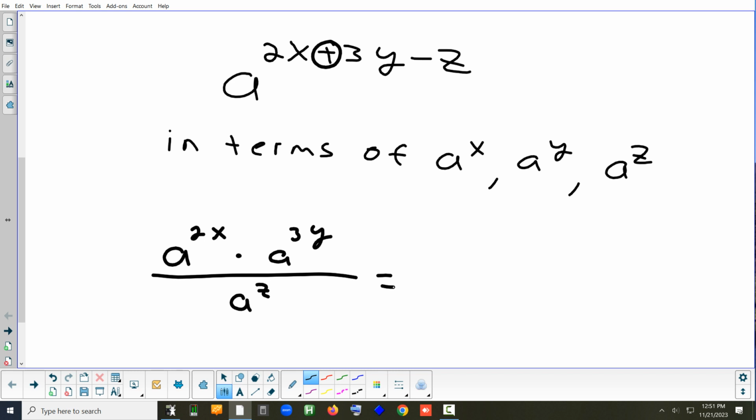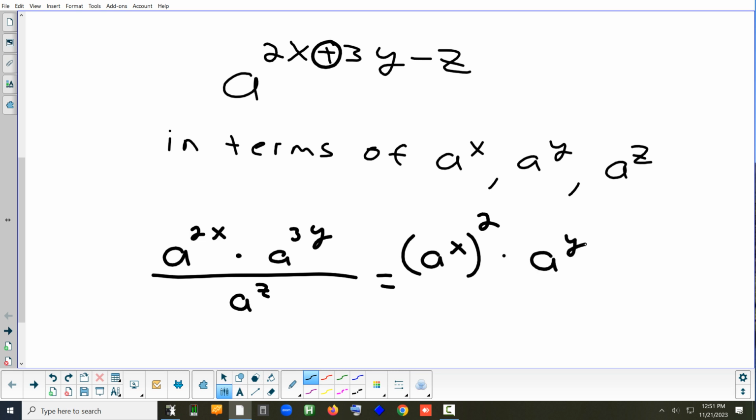That's a product. How would you end up with a product in an exponent? What would this have been before you simplified it? A to the 2x, yeah? A to the x to the 2. Right. It would have been an a to the x, which is another thing that they wanted us to use, to the second power. So that would have been the first one. How about the next one, a to the 3y?